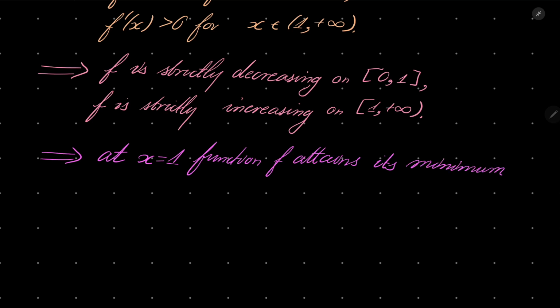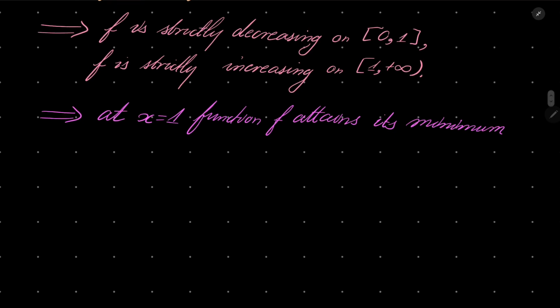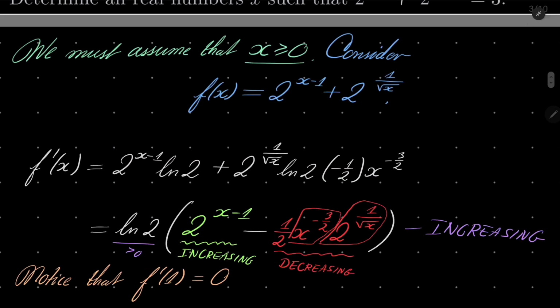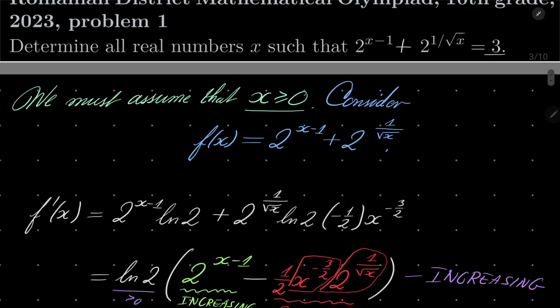It is the only argument for which the minimum is attained. But what is f of 1? Well, f of 1 is 2 to the power 1 minus 1 plus 2 to the power 1 over square root of 1. Lo and behold, it's the number 3. Exactly the right-hand side of our equation. So our equation can only have one solution, namely number 1.